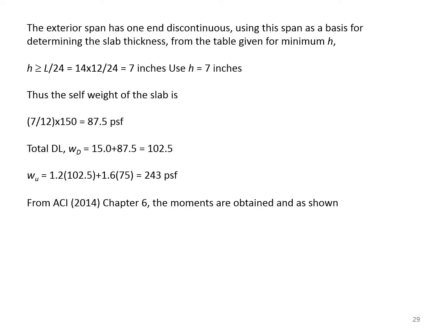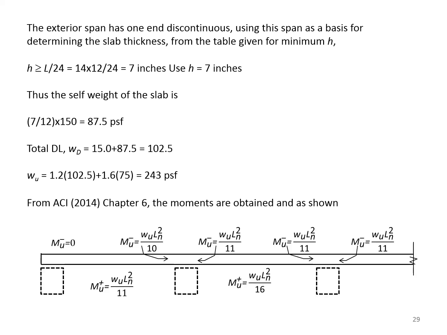From Chapter 6 of ACI 2014, the moments are obtained and shown in the following figure. Notice that the moment at the end is 0 because that's a free end. There is no integral support there. The maximum negative moment is Wu ln squared over 10, and the maximum positive moment is Wu ln squared over 11.